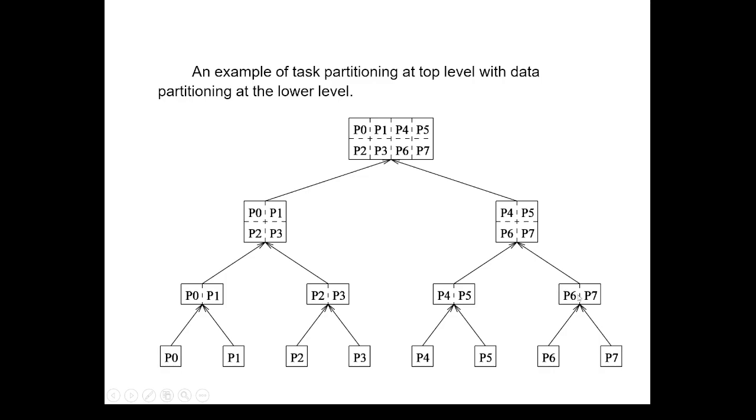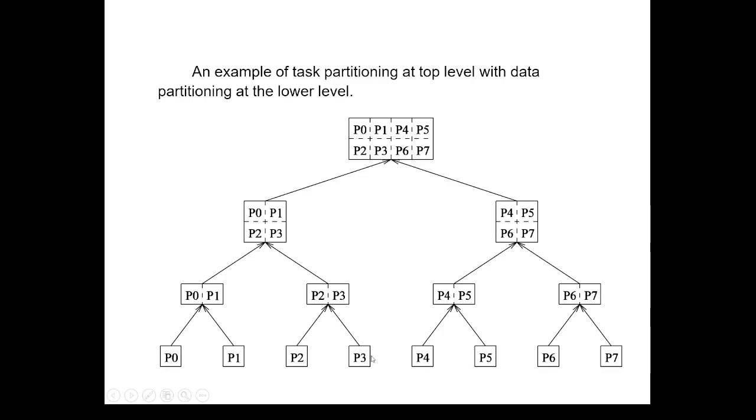Okay, then P6 dan P7 ni kita combinekan dengan P4 and P5. Okay, alright, and then P0 and P1 kita combinekan dengan P2 dan P3. Okay, so we combine. So each of the process ni, the block kita nampak dalam bentuk block, kita akan combinekan menjadi task partitioning bagi setiap proses.